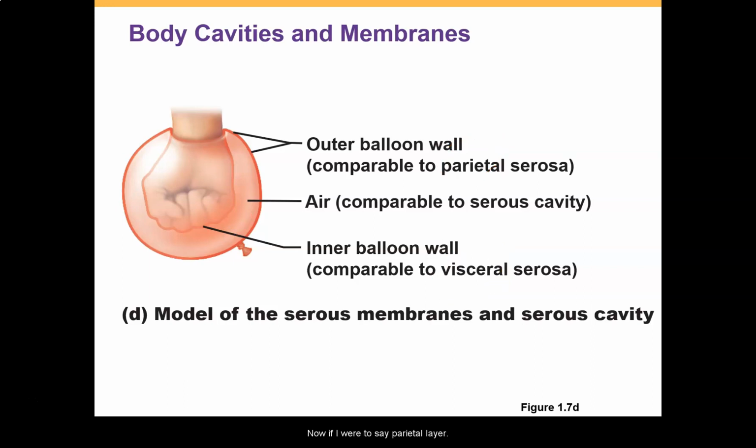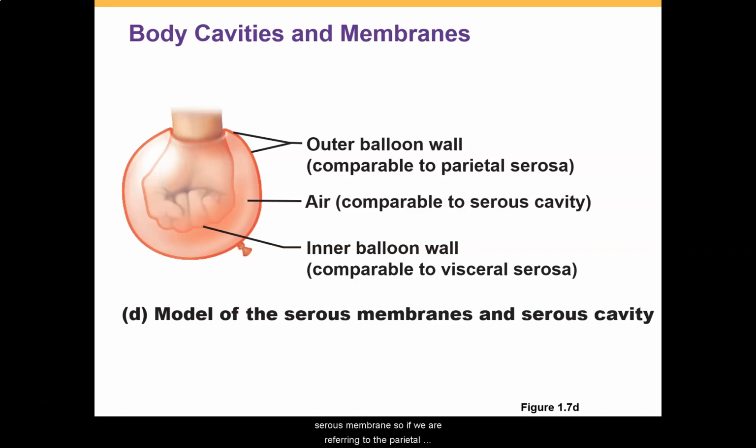Now, if I were to say parietal layer, you would probably ask me which parietal layer of which serous membrane are you referring to? Well, parietal versus visceral, depending on the serous membrane that we are looking at, we're going to simply add the name of the serous membrane.